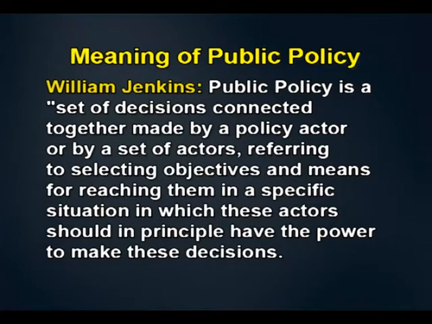According to him, public policy is a set of interrelated decisions made by a policy actor or a set of actors, referring to selecting objectives and means for reaching them in a specific situation in which these actors should in principle have the power to make these decisions.